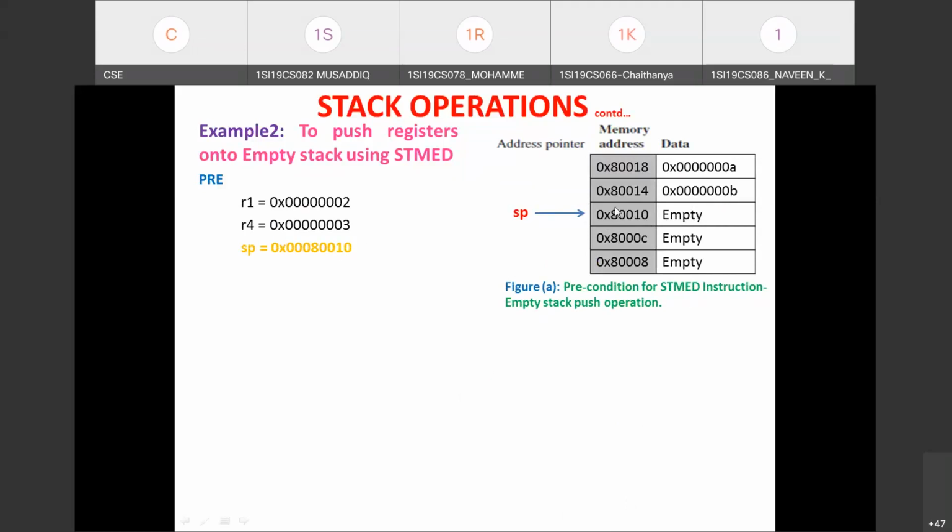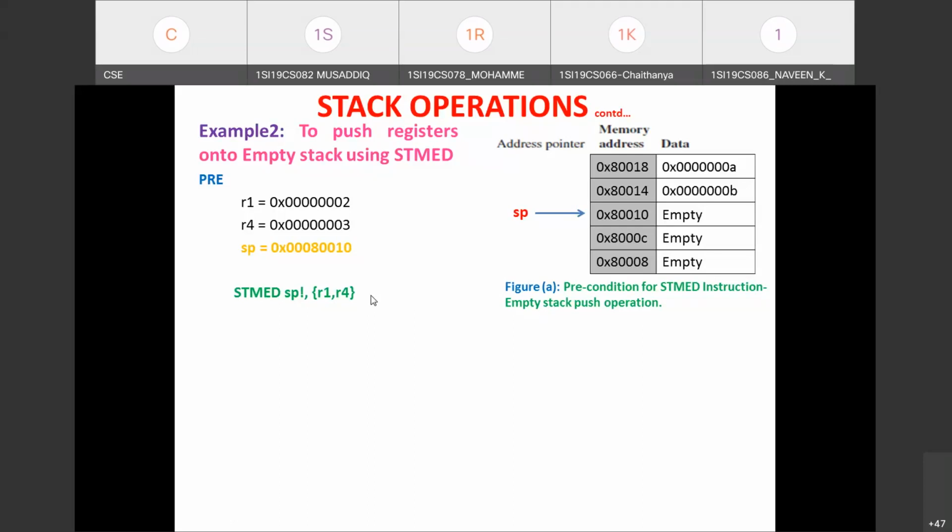It is empty descending. So what is the first operation to be performed if this is the instruction used: STMED SP!, {R1, R4}? Can anyone tell what is the first operation performed? Can you tell the memory map after execution of this instruction?